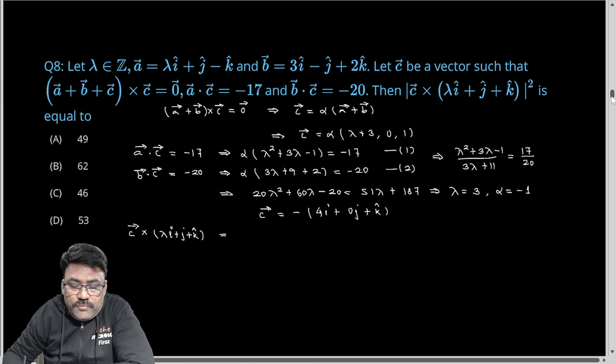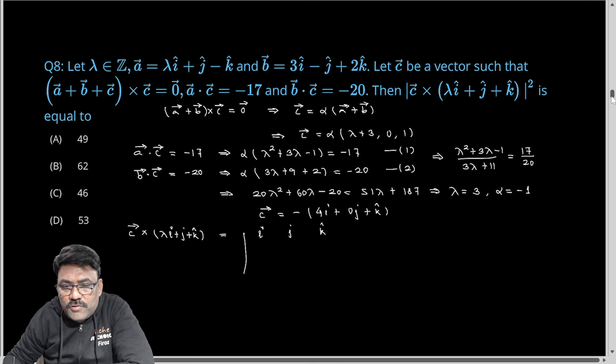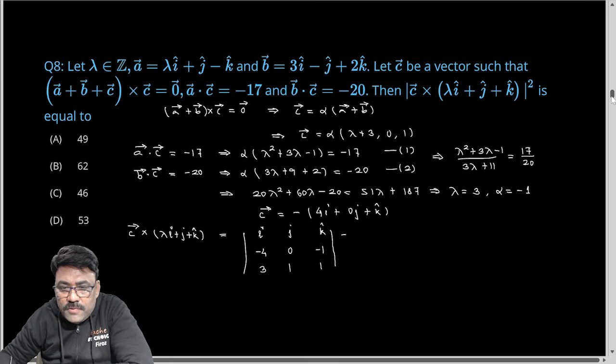So it is i, j, k. C vector is minus 4, 0, minus 1. And lambda i plus j plus k, lambda is 3, so it is 3, 1, 1. Now just expand it. So you are getting 0 plus 1, meaning i.